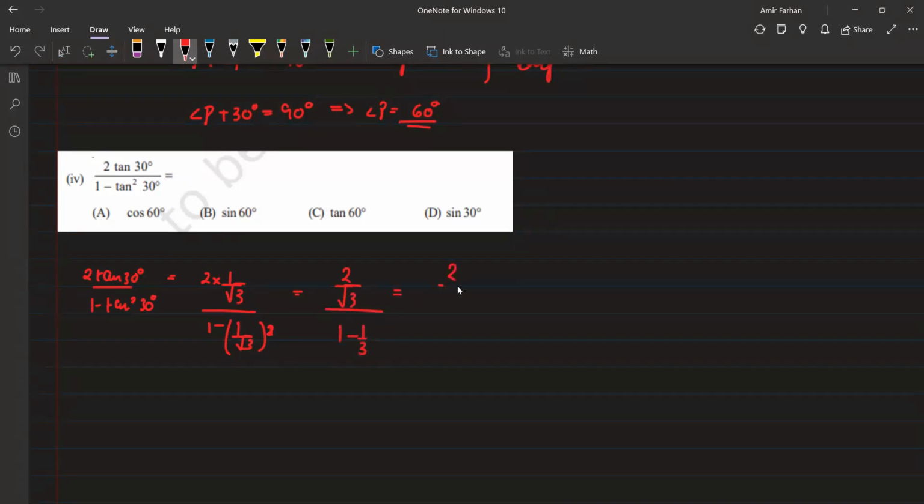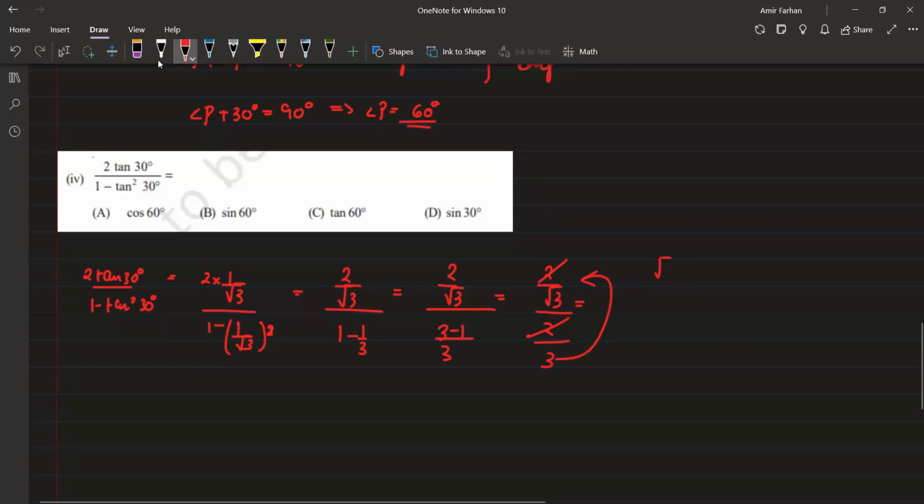Take the LCM in the lower part, 3 minus 1. So 2 by root 3 by 2 by 3. You can see this thing will get cancelled and this will go in the numerator. So it will be 3 by root 3. So it's coming out to be root 3, which is the value of tan 60 degrees. Clear?